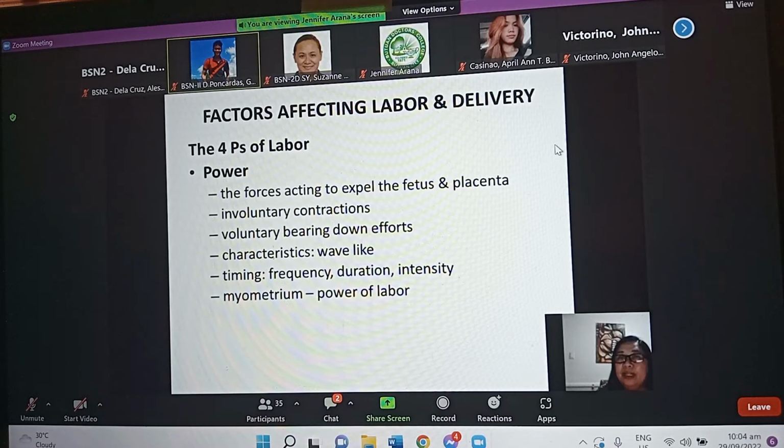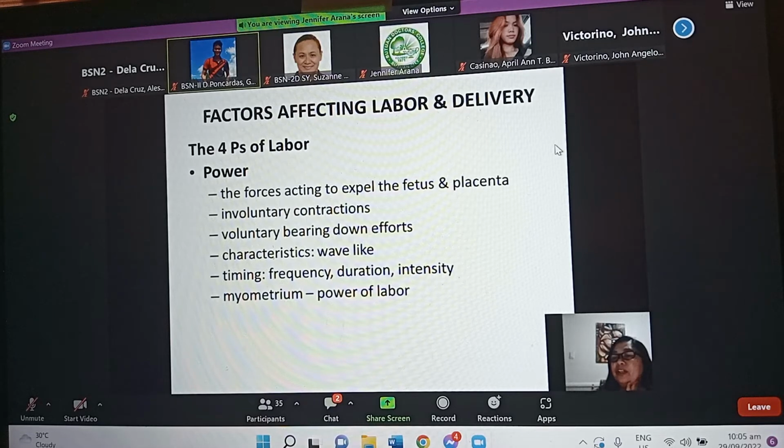Now, if the mother is already in labor or the uterus is already contracting, as nurses, we have to assess the timing, the frequency, the duration, and the intensity of the contraction. We consider the myometrium or the muscular layer of the uterus as the power of labor.